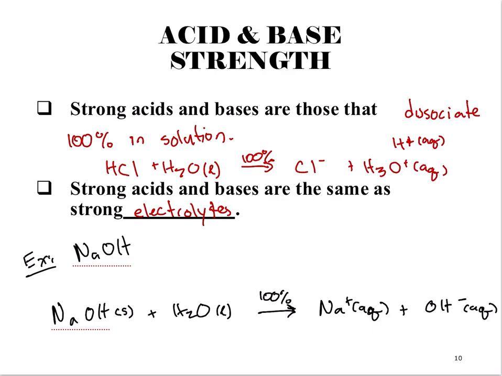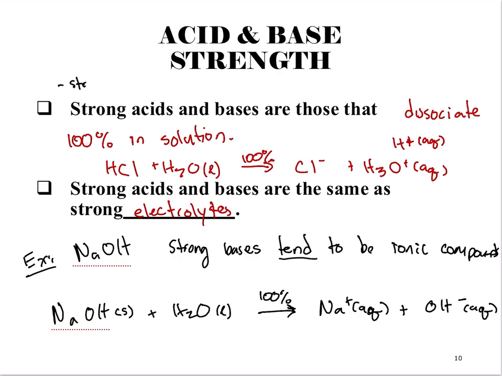Earlier when I showed ammonia, ammonia is considered a weak base. Even though it's a proton acceptor, it's considered a weak base. I'll talk in a second about what a weak base is. So strong bases tend to be ionic compounds, and strong acids are covalent compounds.